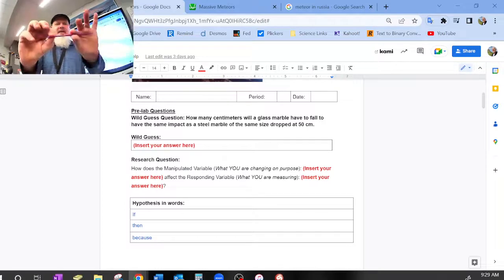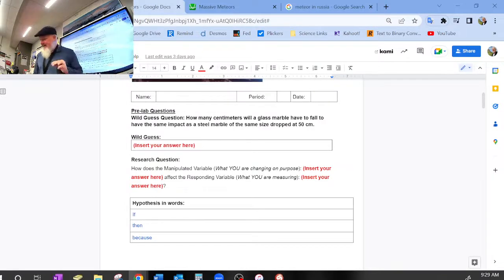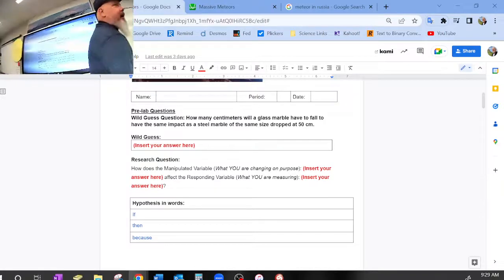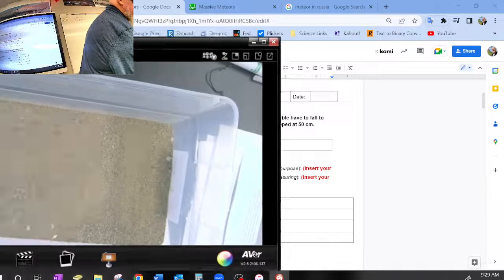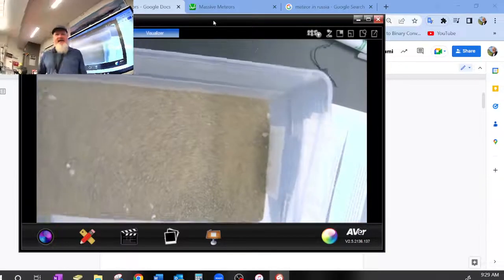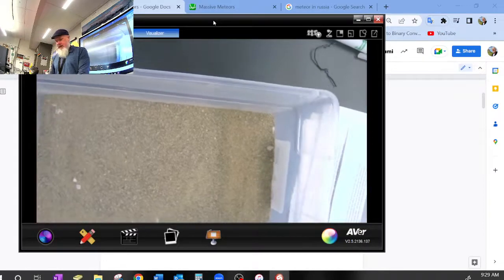It's actually meant to make circles, but we're going to use it for measuring stuff in centimeters. I'm going to move my camera over into the screen before we get going. So here is the bucket of sand that everybody will have at their lab stations. This is what it looks like.